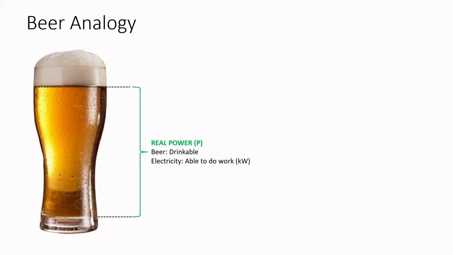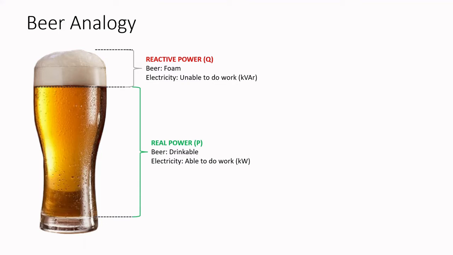The best way to represent it, which a lot of people can relate to, is by using the famous beer analogy. Here we have a glass of our favorite beer. The drinkable or liquid beer represents our real power in kilowatts. This is used to perform useful work in an electrical circuit. More often than not, we have beer foam.